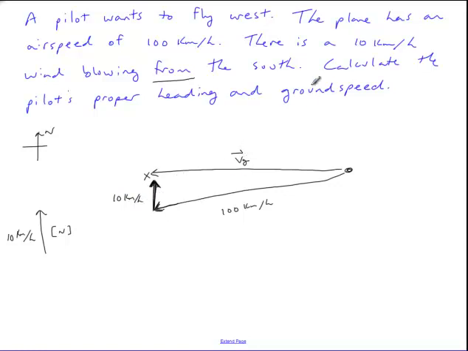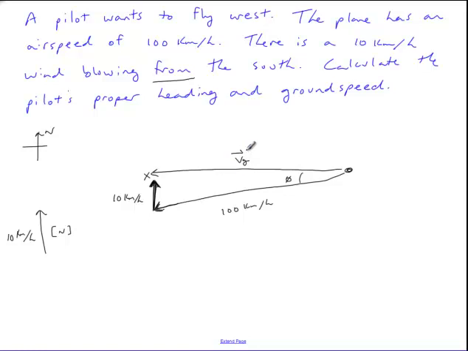VG, ground speed, we're trying to find. And then the heading is what direction they're actually going to go. This is the hypotenuse here, this is opposite, this is adjacent. We're trying to figure out this one first.